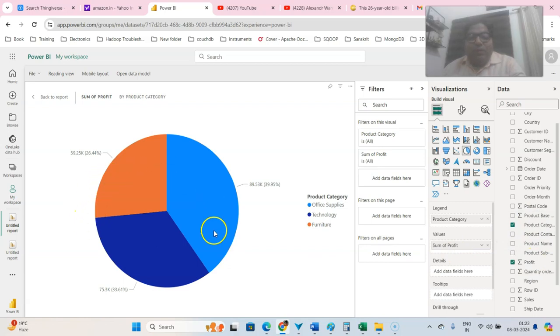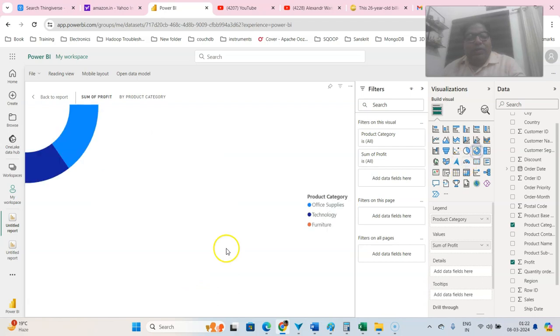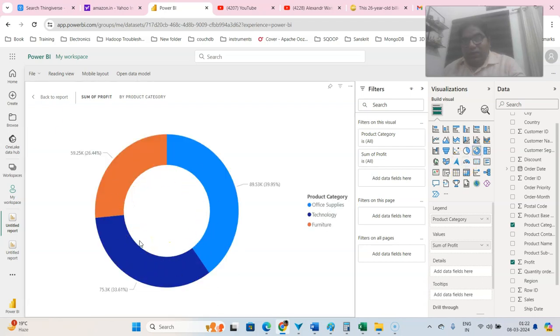You can clearly see that office supplies have got 39.95%, furniture has a share of 26.44%, and technology related products have a share of 33.61%. This is how it shows you the distribution of the data along the pie chart. You can also use the donut chart here, and it will look something like this.